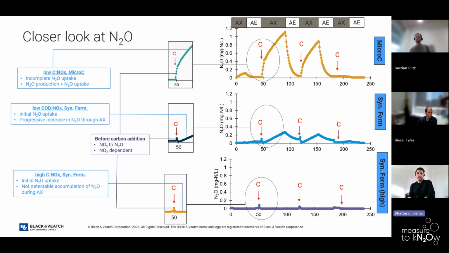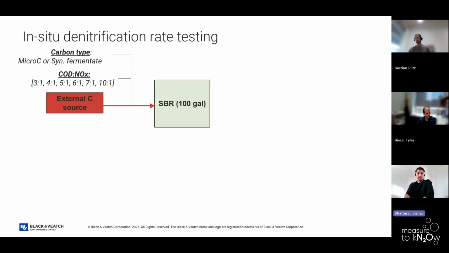And if you have low carbon, it increased after a certain time, as you can see in this, I don't know if I can see my pointer out here. Or if you have sufficient carbon, we didn't see any nitrous oxide through the anoxic phase, meaning if you dose your carbon properly, with the right type of carbon, it's less likely that your nitrous oxide is getting stripped off in the subsequent aerobic phases.